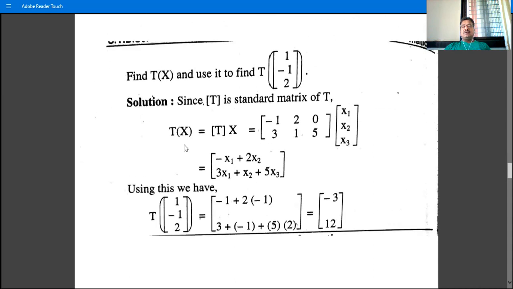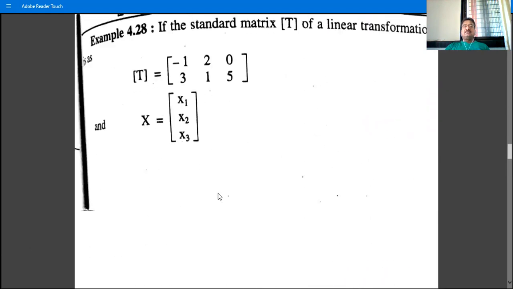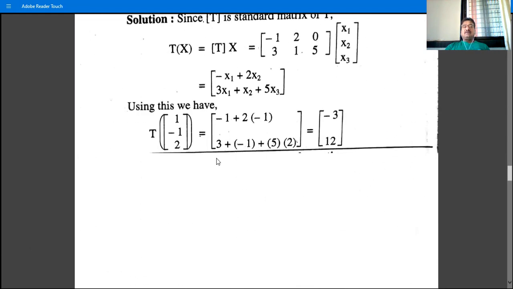We can also write this as T(x1, x2, x3) = (-x1 + 2x2, 3x1 + x2 + 5x3). That is, T is the linear transformation from R3 to R2, and we can write that formula.